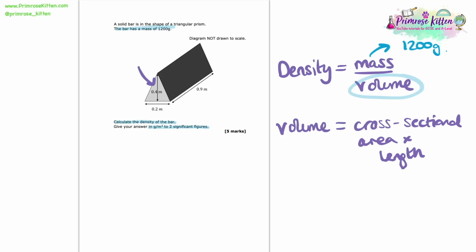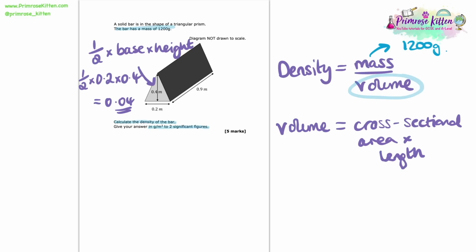Now looking at the diagram, I can see the cross-sectional area is that of a triangle. So I'm going to do half the base times the height. That ends up giving us 1/2 times by 0.2 times by 0.4. And putting that into the calculator, I find that that gives me an area of 0.04 meters squared.